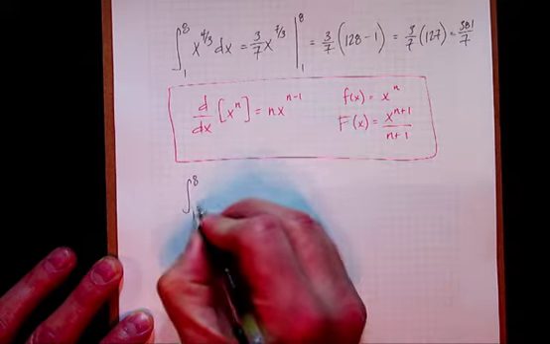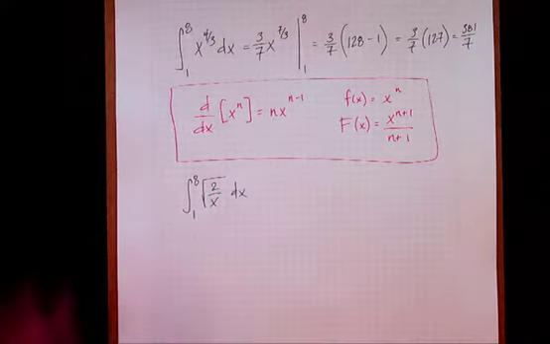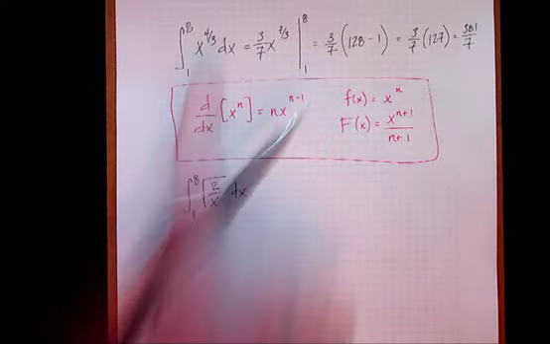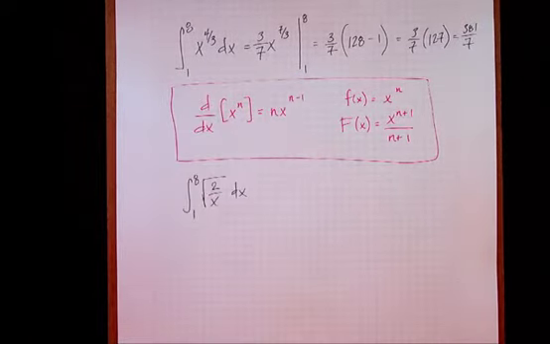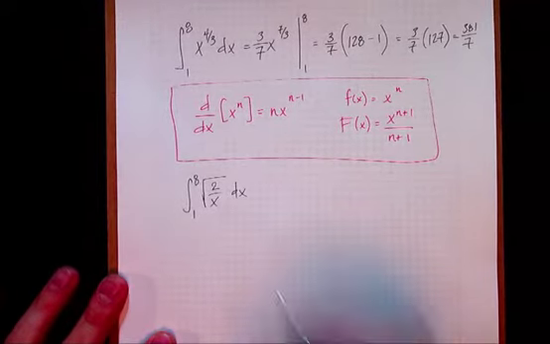Now let's look at one that's a little bit different, but in a lot of ways remarkably the same. Now this one is not quite as straightforward as the one that we just saw. That one was basically power rule, just waiting for us to go through with it. This one actually is also the power rule, but it requires a bit of simplification before I get going, okay? Now just because 2 over x is altogether underneath the radical does not mean that it needs to remain that way, okay?